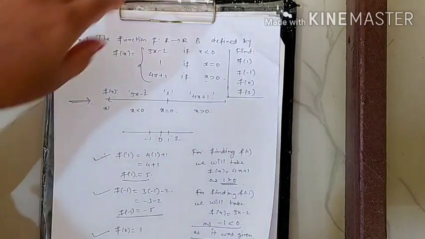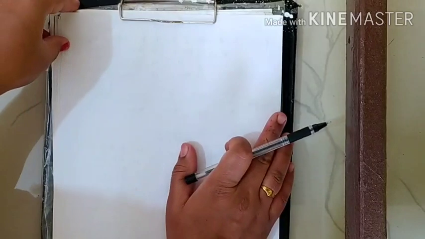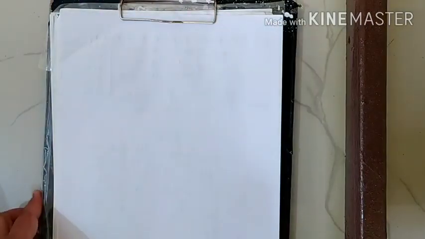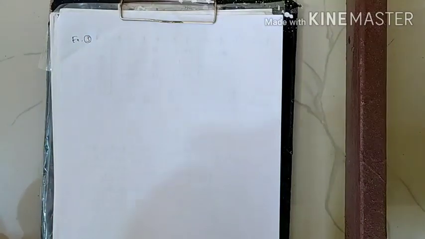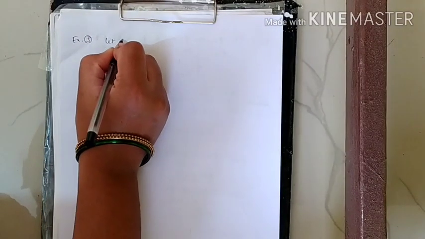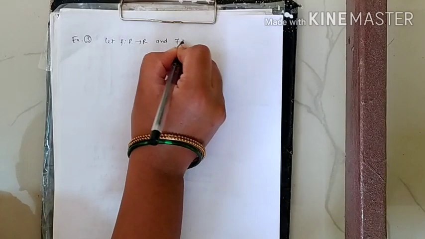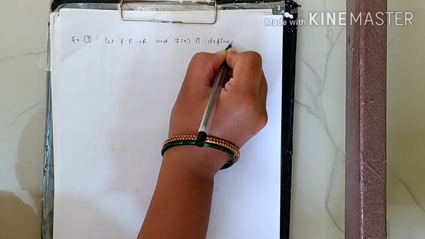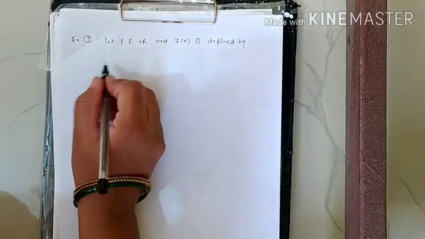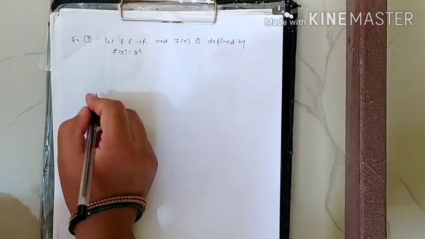Now we'll take the third question. Example number 3. Let f from R to R and f(x) is defined by f of x is equal to x square.